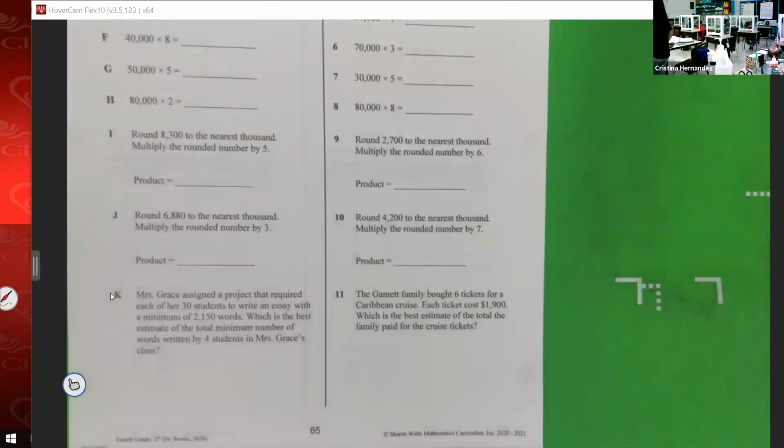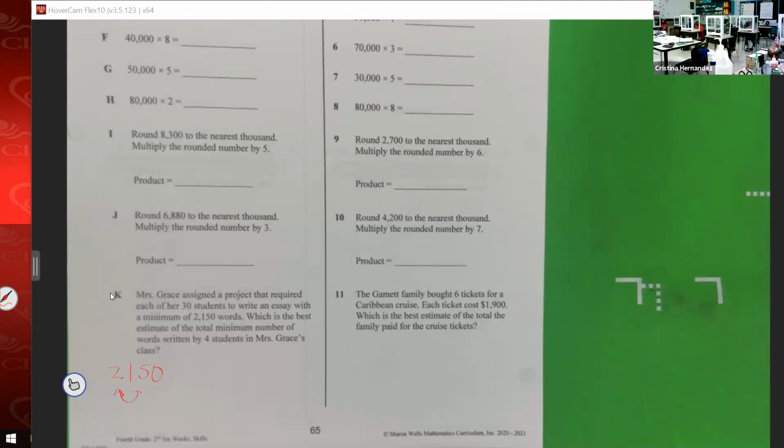Okay, Miss Grace assigned a project that required each of her 30 students to write an essay with a minimum of 2,150 words. Which is the best estimate of the total minimum number of words written by 4 students? So are we going to round 2,150 up, or is it going to let it rest?